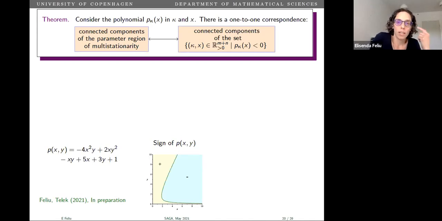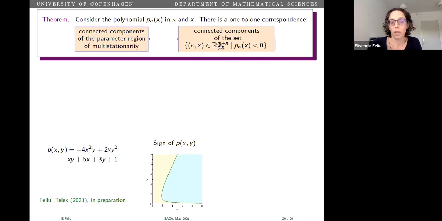But now I look at it as a polynomial in kappas and x, not only a polynomial in x. Though in the example there was a K3 dividing, you can just multiply by K3, right? Then he realized that there is a one-to-one correspondence between the connected components of the parameter region of multistationarity and the connected components of the following set: the set of positive kappas and x that make the polynomial negative.